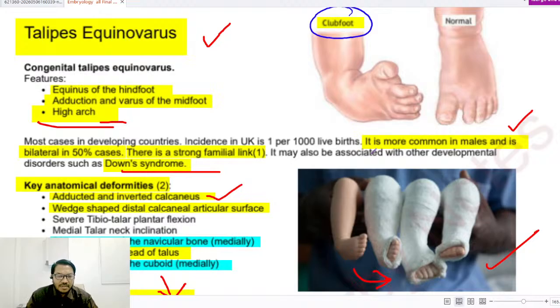This is very easy and simple, but you have to do serial casting. First, the child comes in this pattern. See the pattern of the foot. Then we apply plaster, and there is mild correction. Then in the next setup, you see the foot becoming normal, and now it has become totally normal.